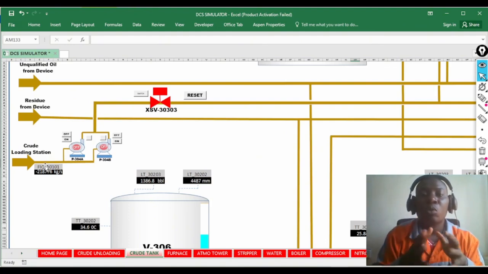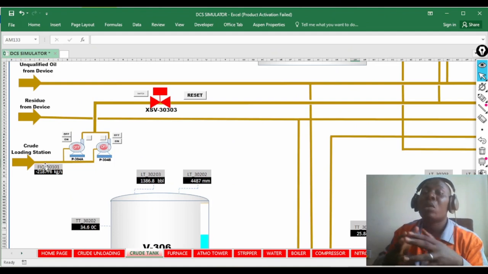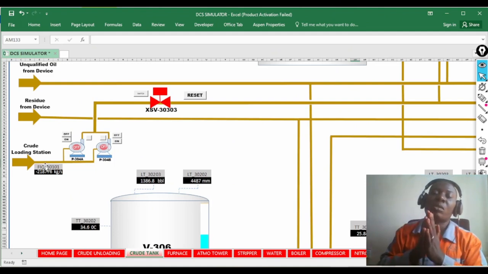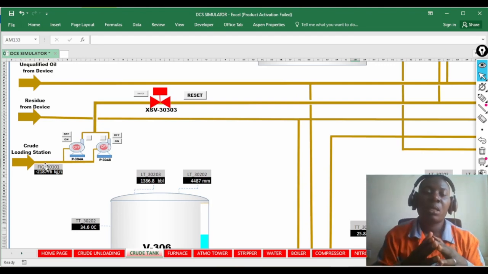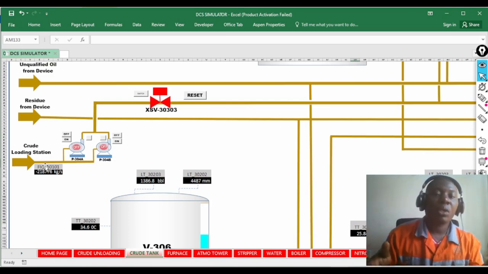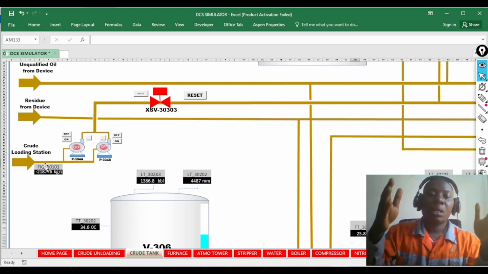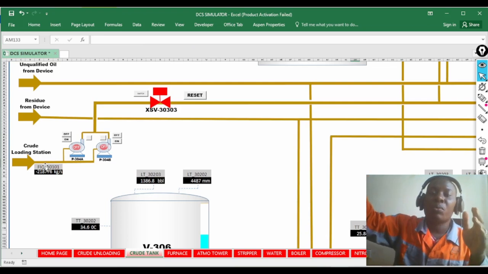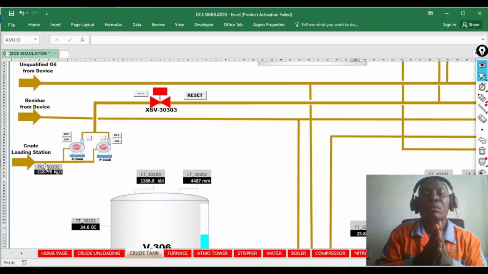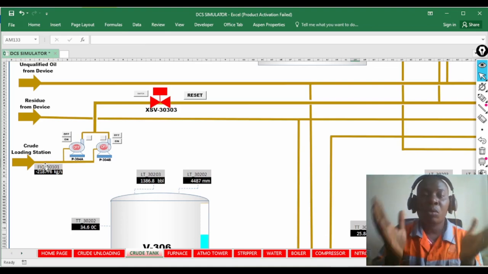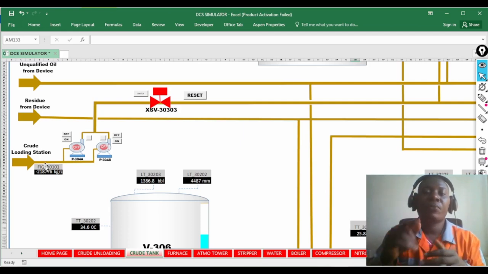Is that going to be called a SIS, or let's say a safe situation? Okay, hope you understand the question, right? If we have a strainer and then we have a differential pressure that senses the upstream and the downstream of the strainer and sends the signal to the pump for a trip, is it going to be a SIS, or can the pump configuration be called a SIF?